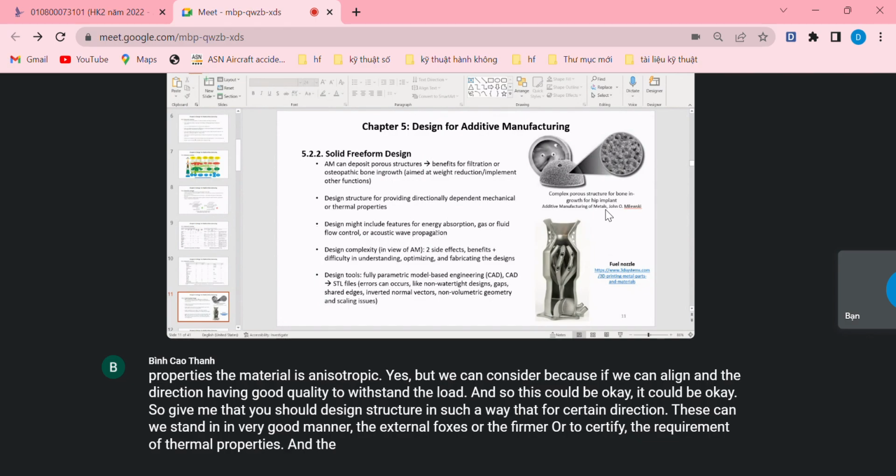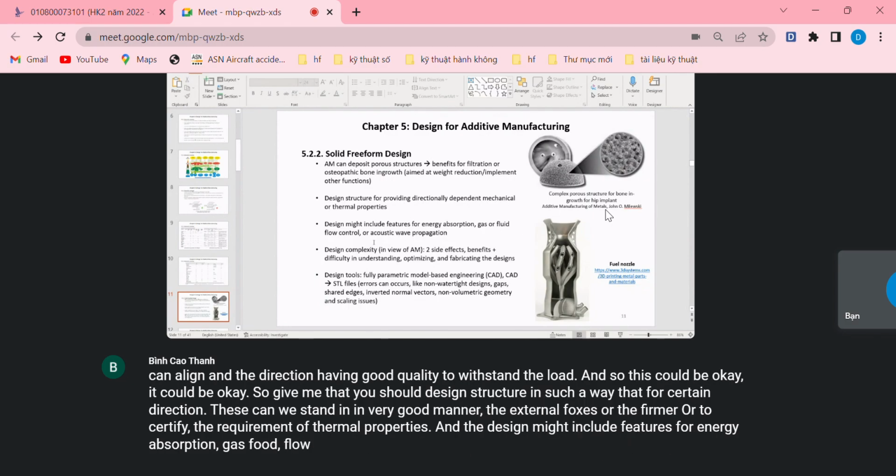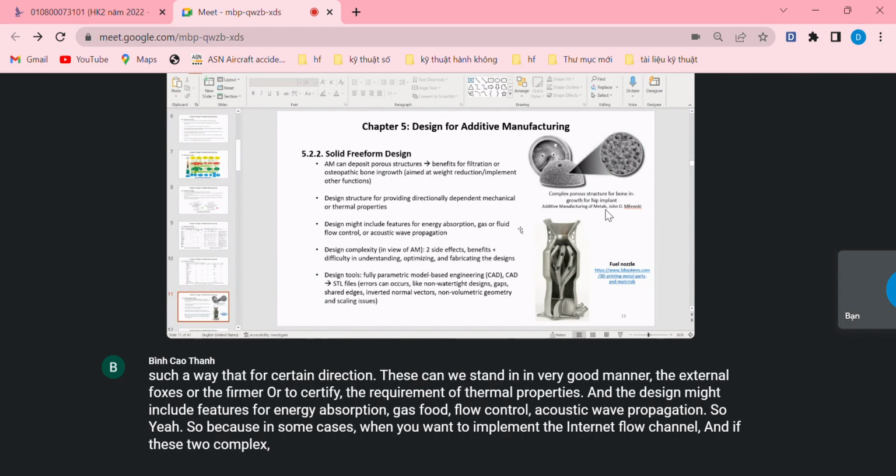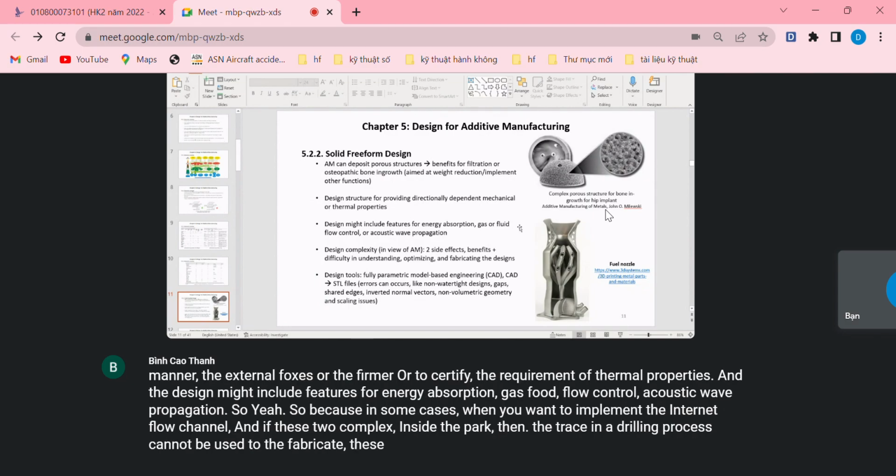And the design might include features for energy absorption, gas or fluid flow control, and acoustic wave propagation. Because in some cases you want to implement an internal flow channel, and if it is too complex inside the part, then the traditional drilling process cannot be used to fabricate this type of structure.